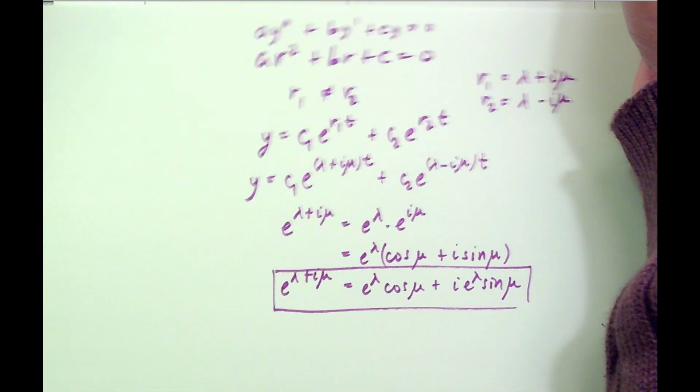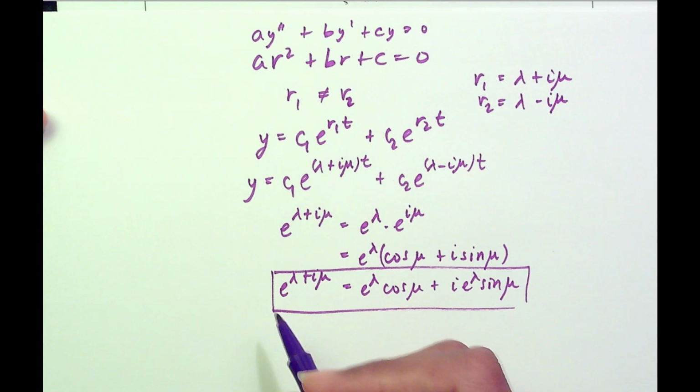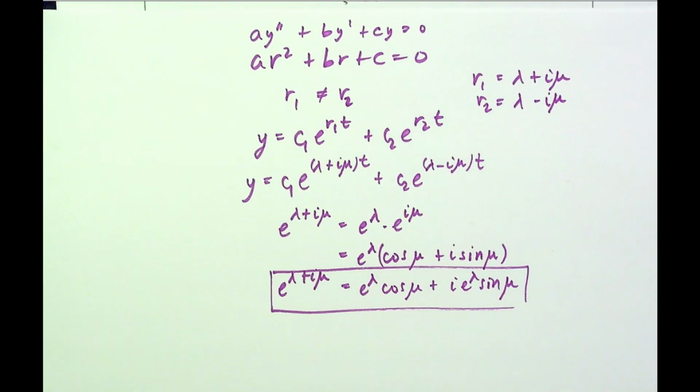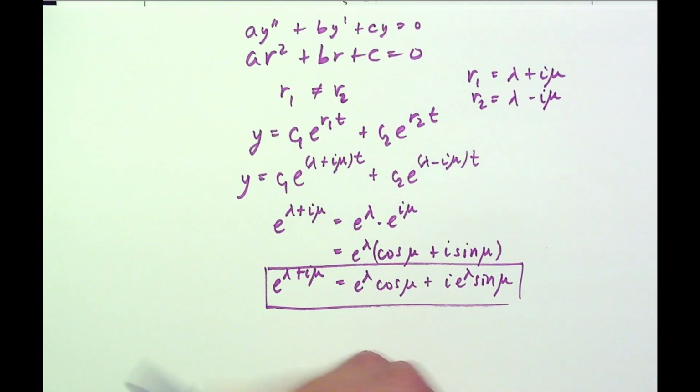The real part and imaginary part of that were solutions, and we figured out they were linearly independent, or formed the basis for the solution space, by finding the Wronskian.